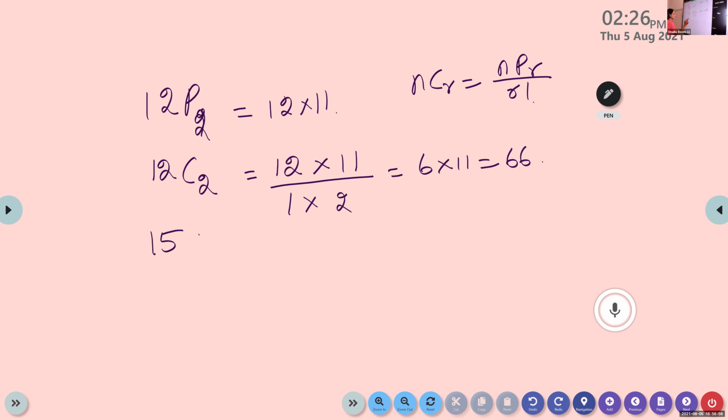What will be 15C3 using this method? What will be 15C3? Renil, how will you do this? How to evaluate this?